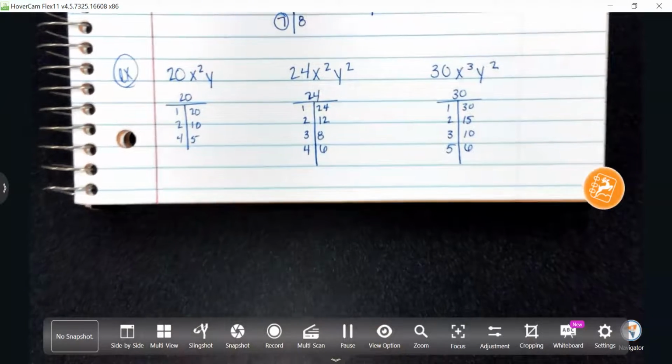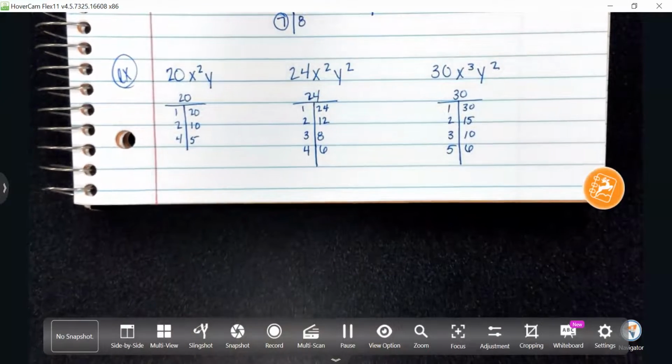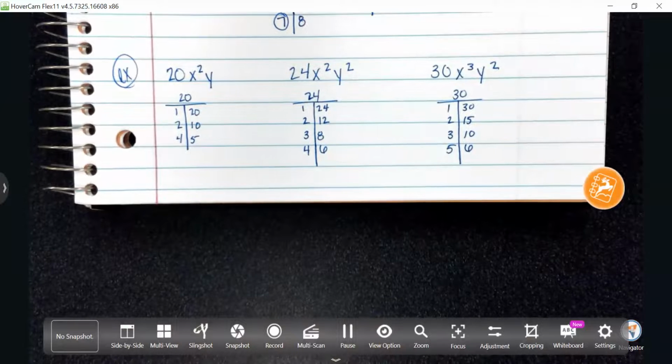Don't copy your charts. Check them. The better you can make these charts, the easier this unit will be for you. We're gonna make these charts every day from now till next Friday.